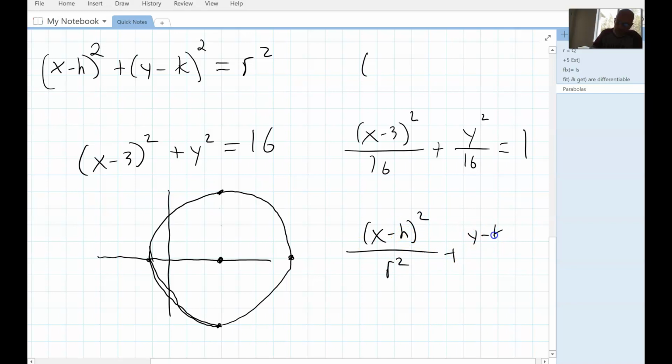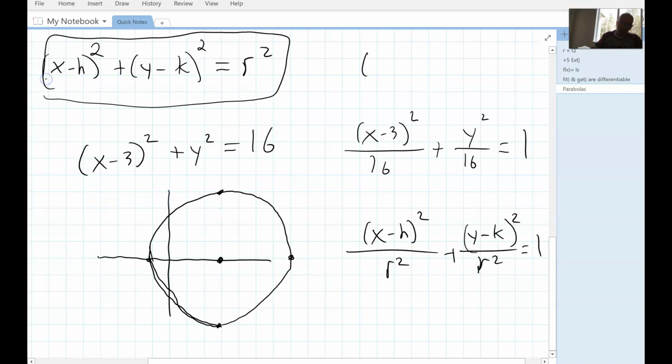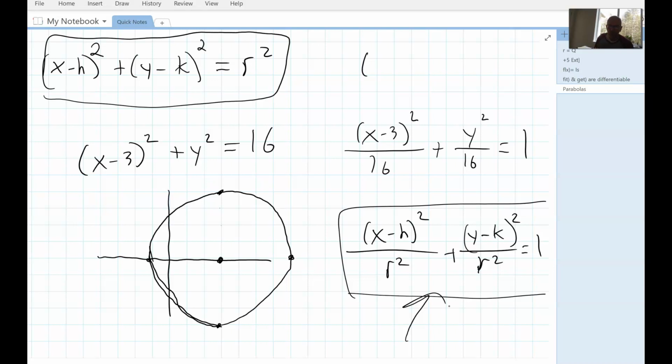And again, this is nothing startling or different. It's just moving a few things around. So you could think of the equation of a circle like this, or you could think of it like this. And thinking of it like this is helpful because it relates it to the equation of the ellipse and the hyperbola, which we'll talk about in the next video.